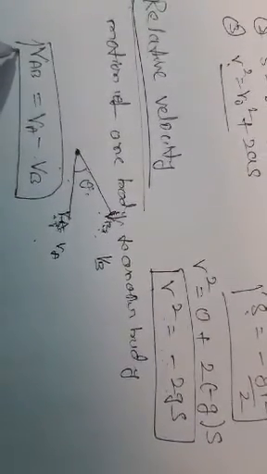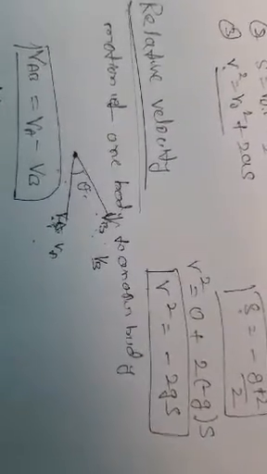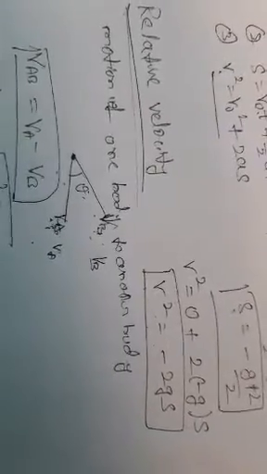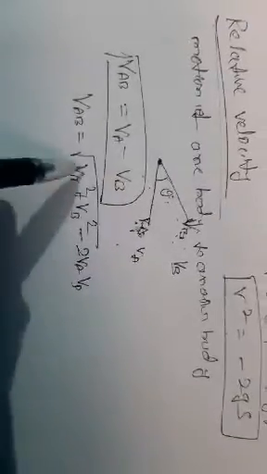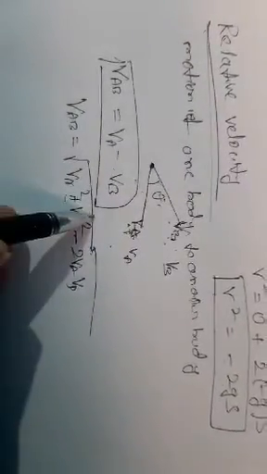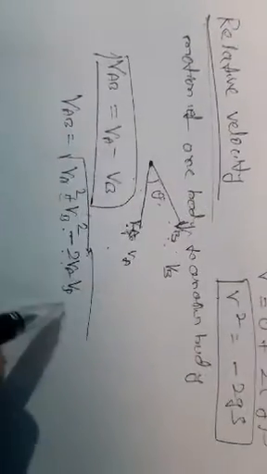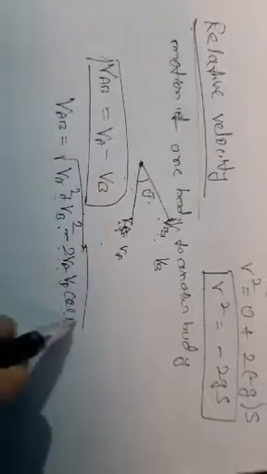Therefore, the resultant relative velocity is given by VAB is equal to root of VA square plus VB square minus 2 VA VB cos theta.